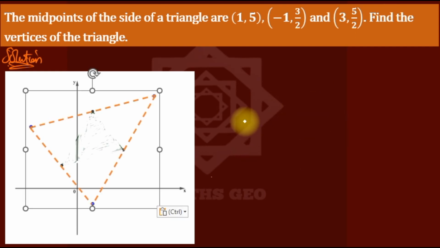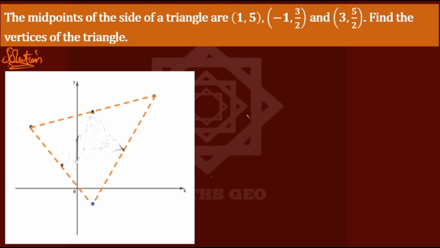Okay, so we have the triangle. So let's locate the vertices. Let's call these A, B, C. The midpoints are this, this, and that. The coordinates are (1, 5), and this is (-1, 3/2).